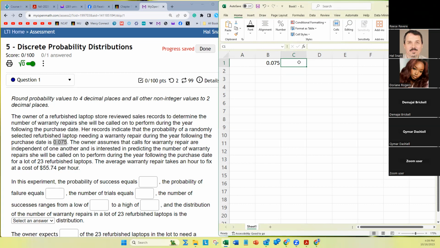Okay, so what else do we need to know? The next thing is, in mine, she calls a lot of 23. So that's the sample size. This right here is the probability of needing a warranty repair, and this is the sample size, N. My sample size is 23.